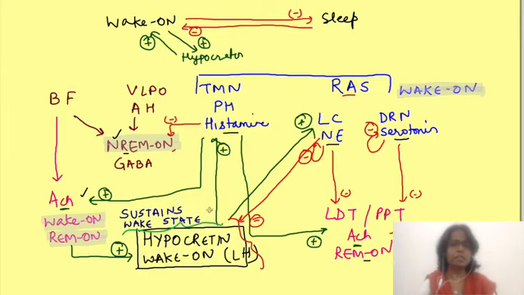Either the self-sustaining loop should switch off. This will make these wake-on neurons less powerful and thus inhibition of VLPO activity by wake-on neurons will decrease. Or with time, these VLPO NREM-on neurons should become more powerful and inhibit these wake-on neurons, thus decreasing the activity in this self-sustaining loop. Basically, both types of activity are happening in the body.